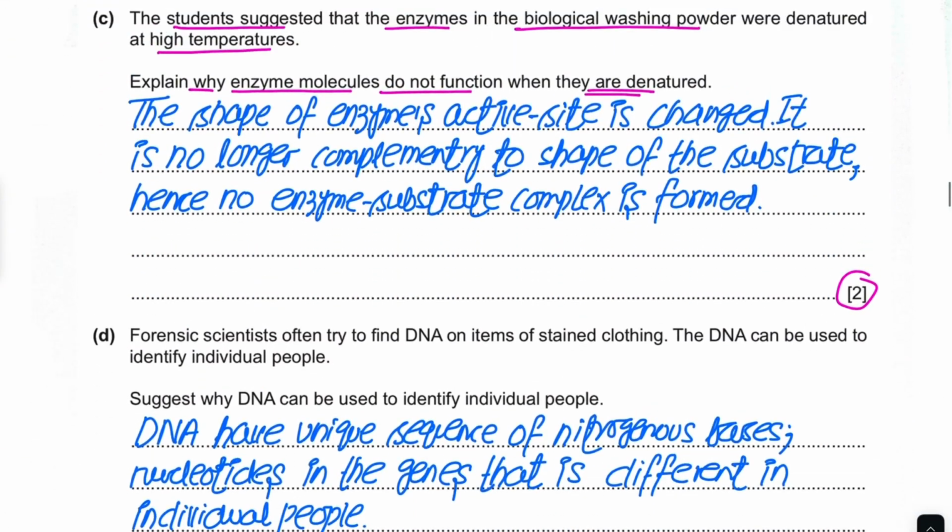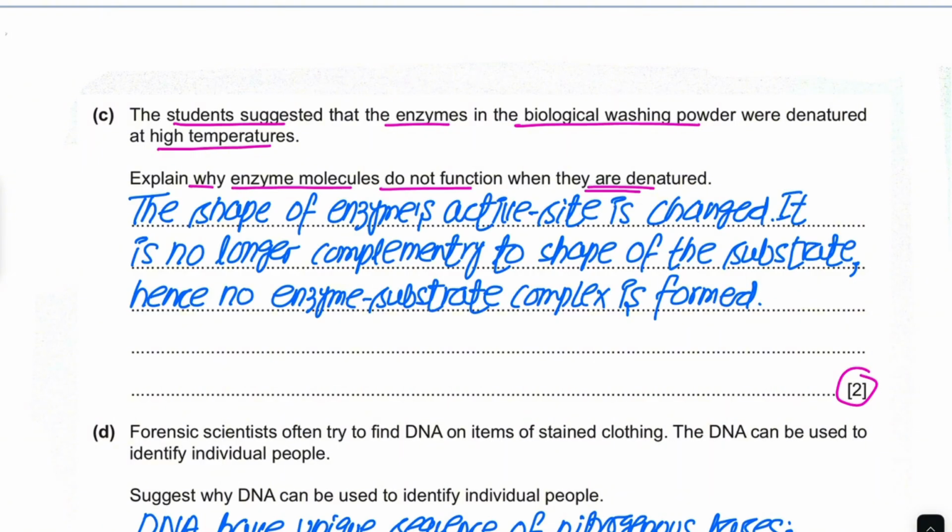And when the enzyme is denatured, it is no longer able to remove the stain, because at such a high temperature the shape of the enzyme active site would be completely changed, and it would no longer remain complementary to the shape of the substrate molecule, so no enzyme-substrate complex would be formed.